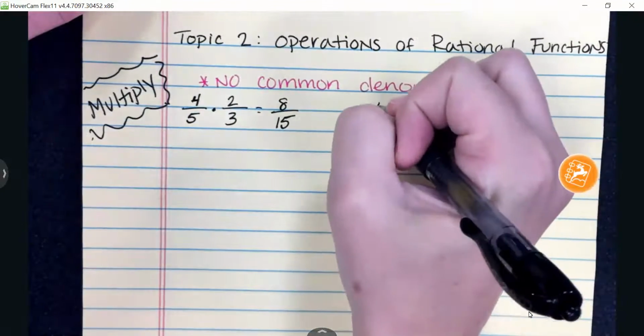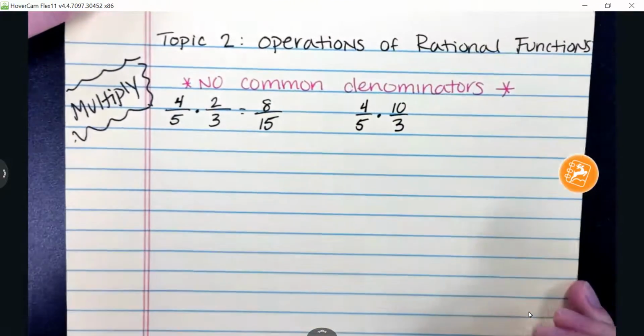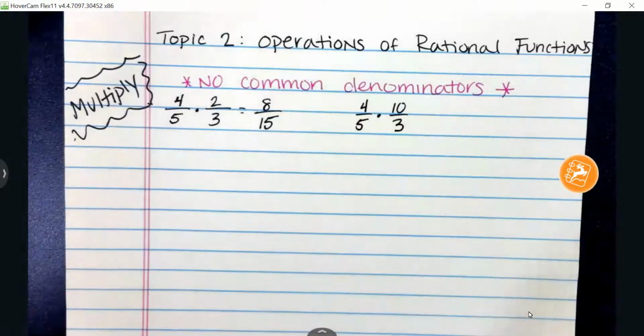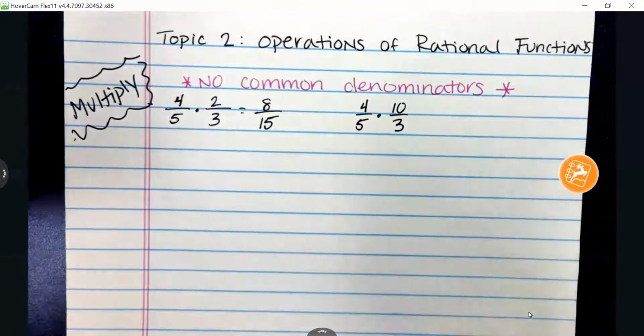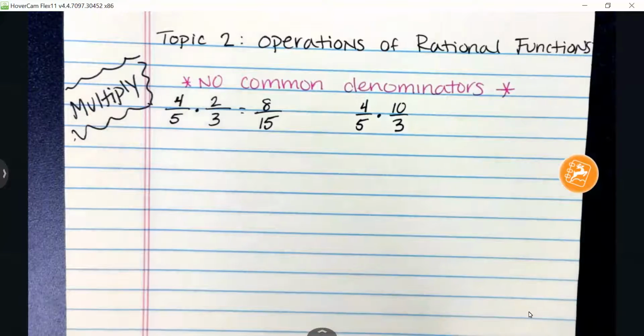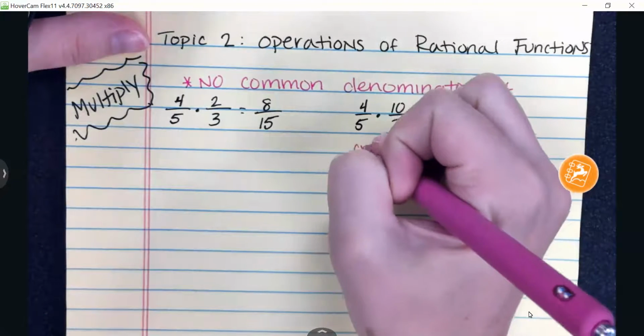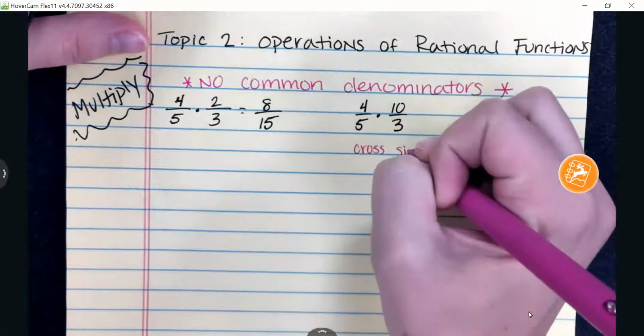Problem number 2 would be 4/5 times 10/3. Do not put 40 over 15, because when we start getting into letters, you will get really big stuff that's going to be near impossible to figure out. When you multiply fractions, you can do something called cross simplify.